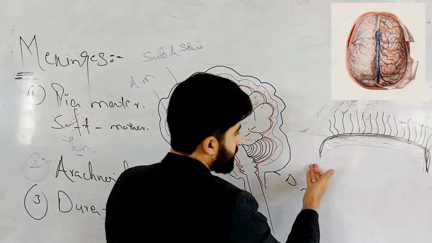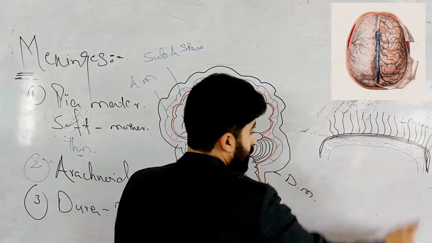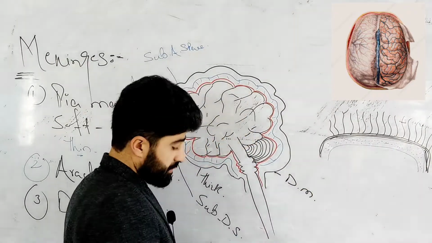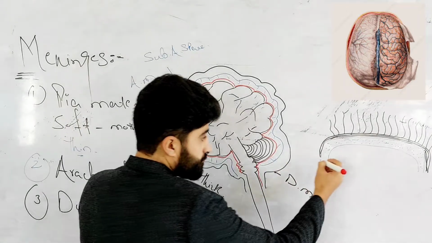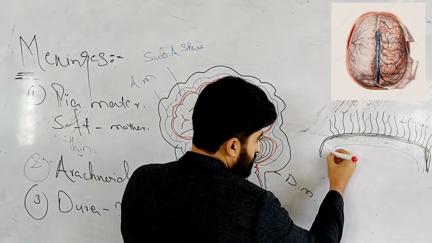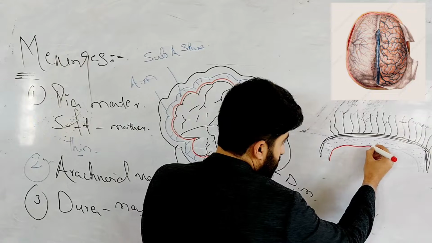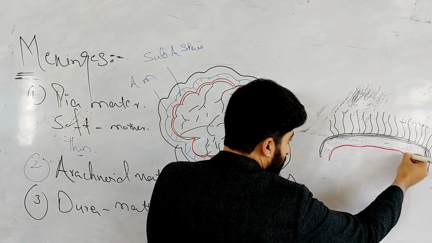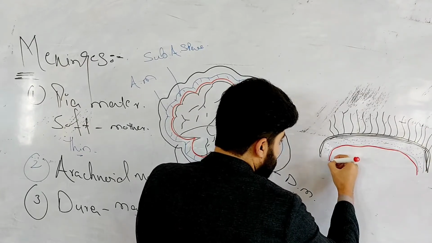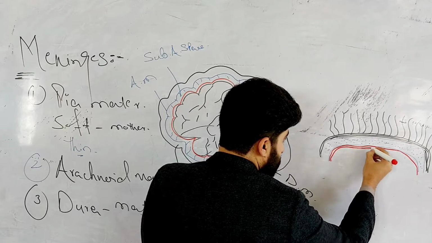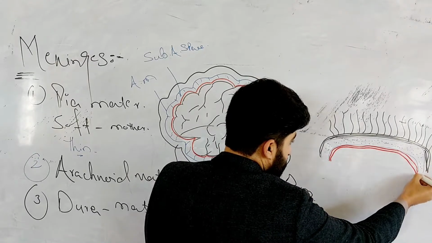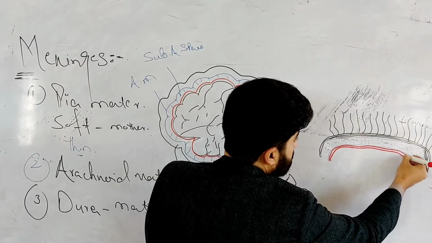Yes, this is the parietal, anterior is the frontal, on posterior is the occipital. Just below the occipital, parietal, temporal bone, a membrane which is called the dura mater. This is the dura, ये dura mater है ना.